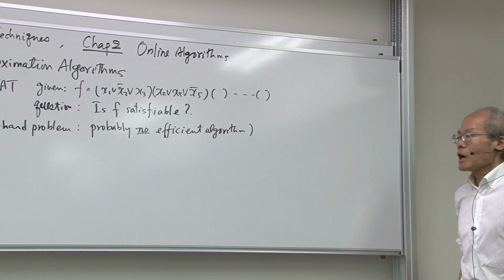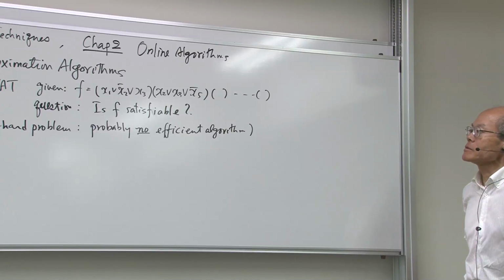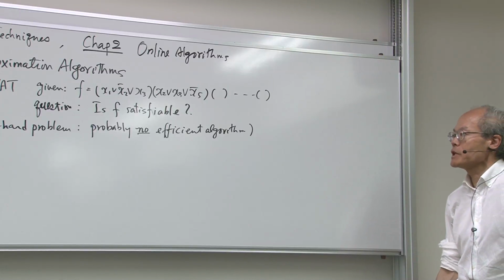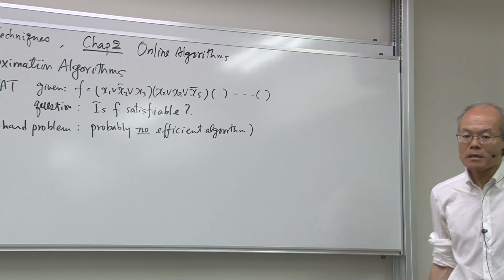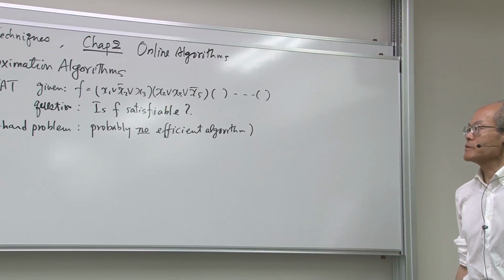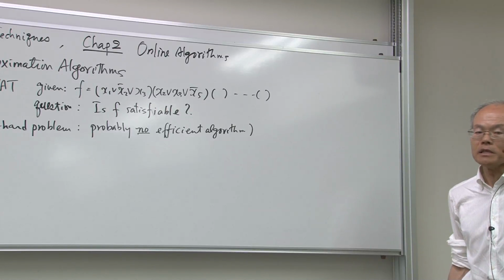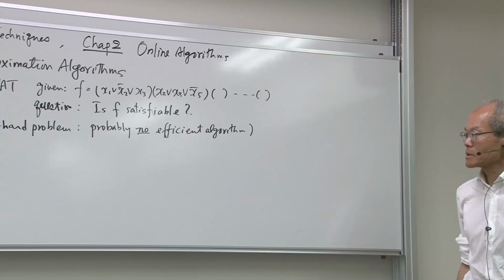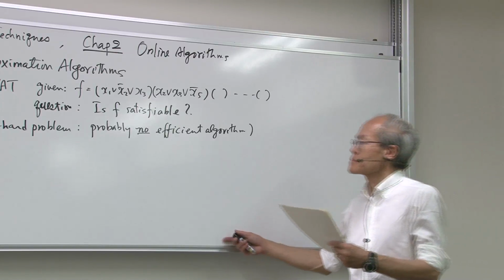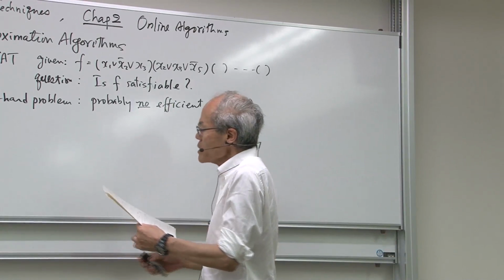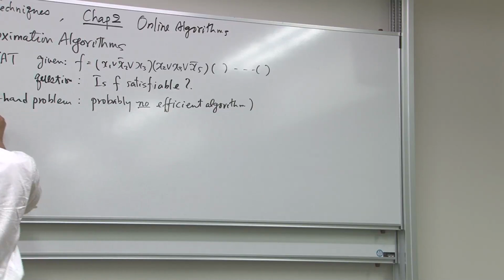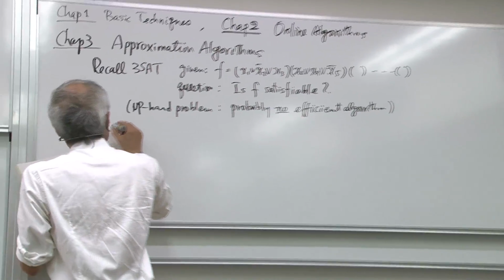I didn't tell you the details of NP-hardness, but if a problem is NP-hard, then it's good evidence that we don't have any efficient algorithm. But we do have a naive approach, of course. Trivial algorithm.